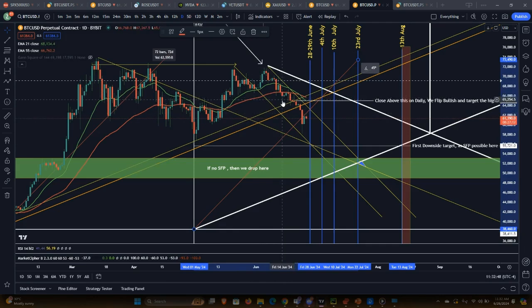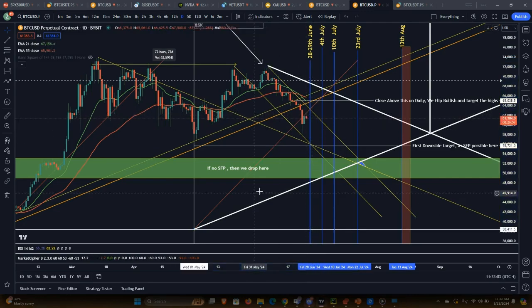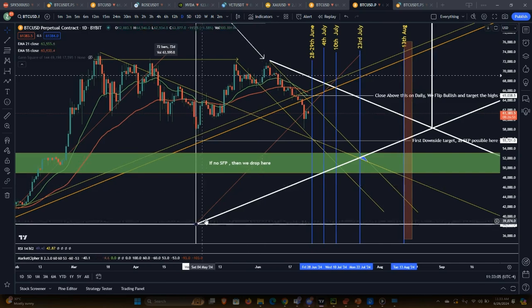This intersection we had bottomed and then got a move up. Similarly, these are pivots that I'm looking for where we can see interesting price action or a large move on those dates.